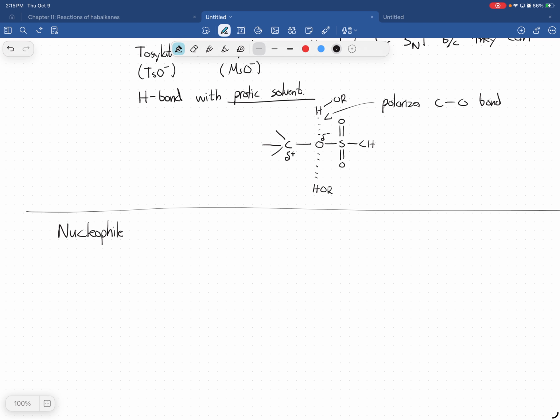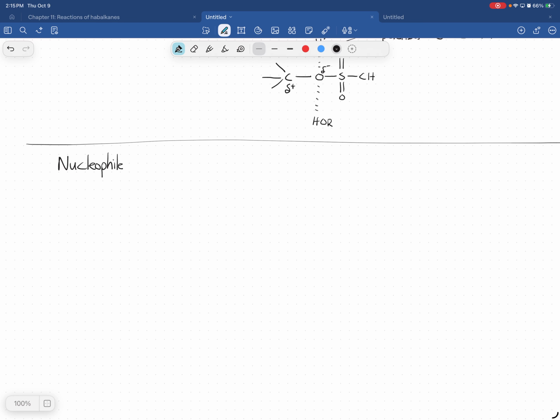All right, so for the nucleophile, remember last time we stated the nucleophile has no effect on the rate. So that means it's not that important for how the reaction proceeds, okay?